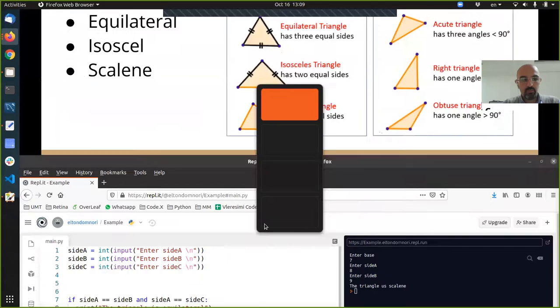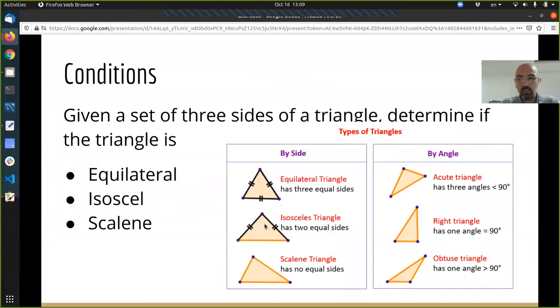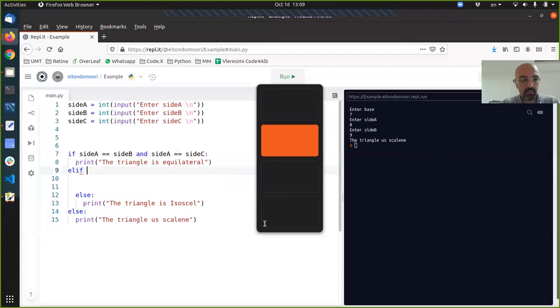What does it mean for a triangle to be isosceles? Only two of the sides are equal to one another. But the question is, which one? So A and B, or B and C, or C and A. So we have to evaluate all 3 possibilities.